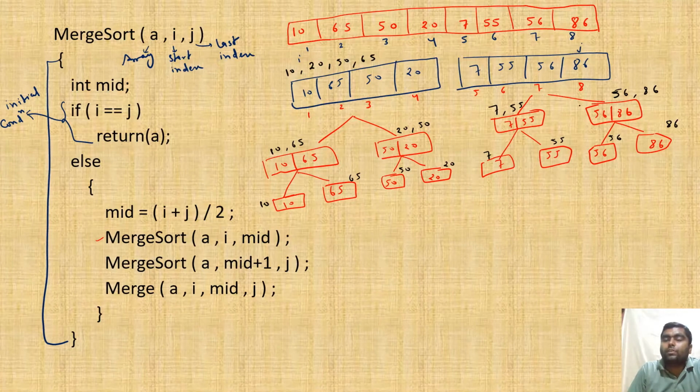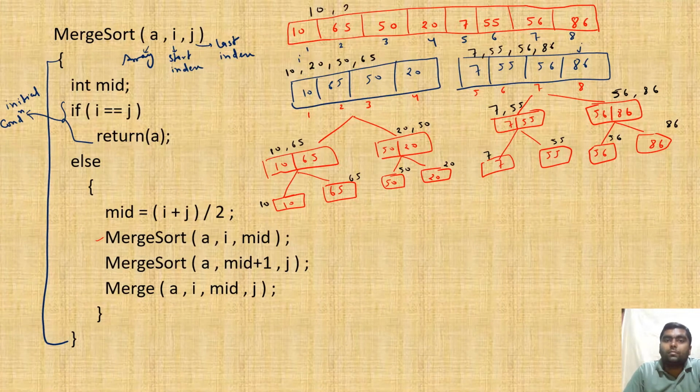This is one sorted subarray and this is another sorted subarray, 56 and 86. So finally what will be their result? You will get 7, 55, 56 and 86. And finally their combined result will be nothing but what you will get.